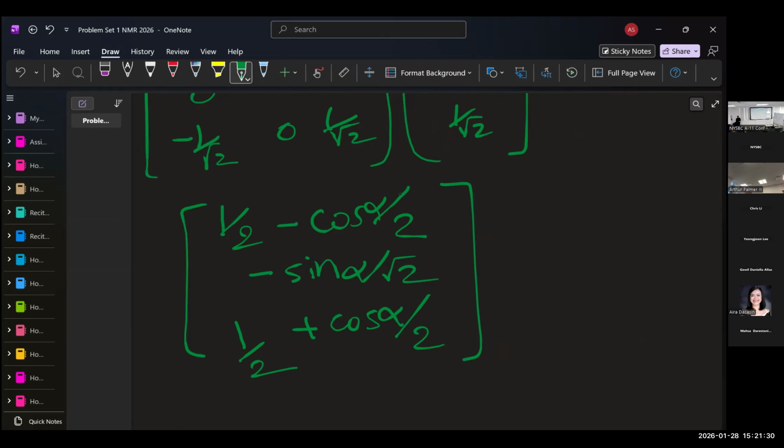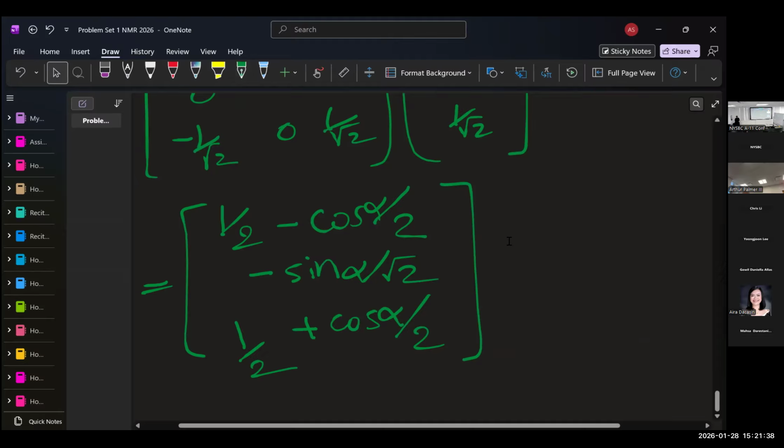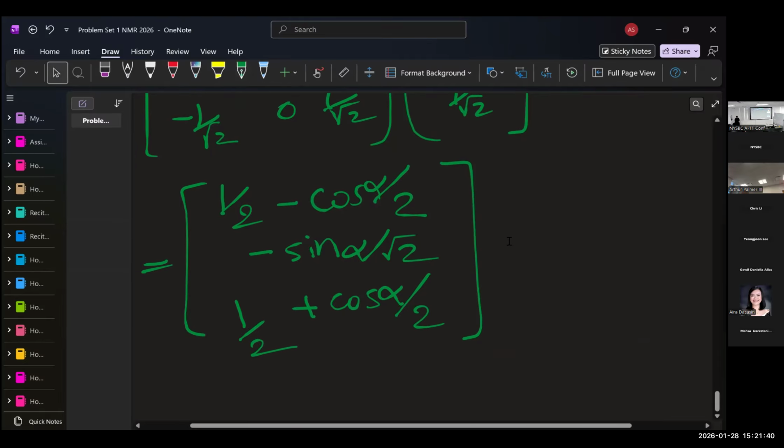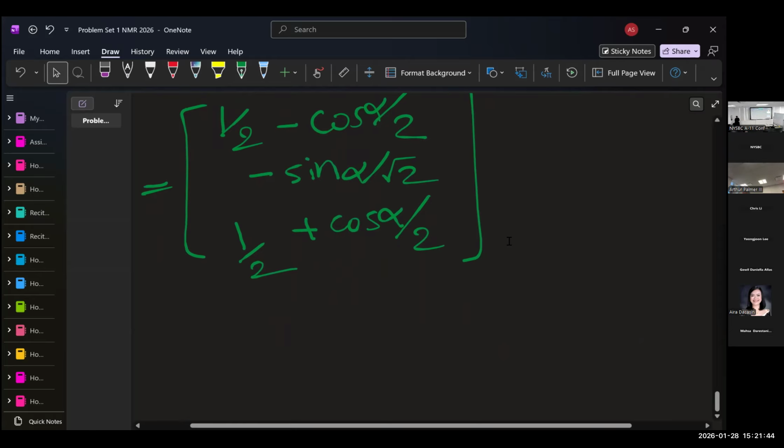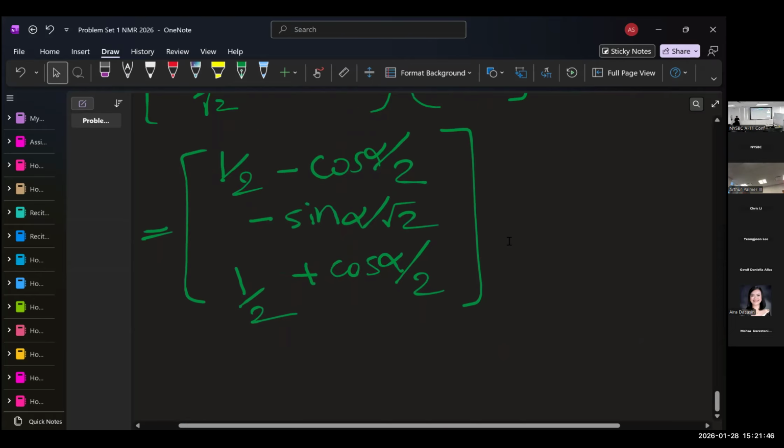Its magnitude started with 1 over root 2. The sines and cosines are both 1 over root 2, so we get a half left on Z and a half ending up on X. This is the magnetization at the end of that off-resonance 90-degree pulse.